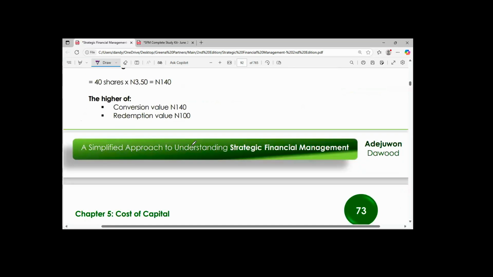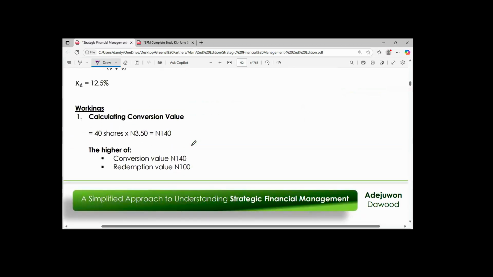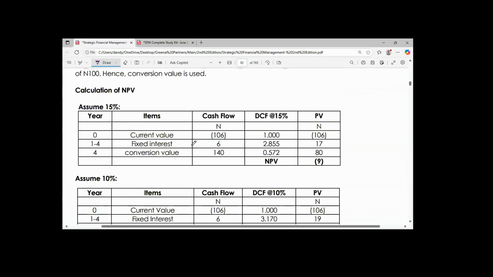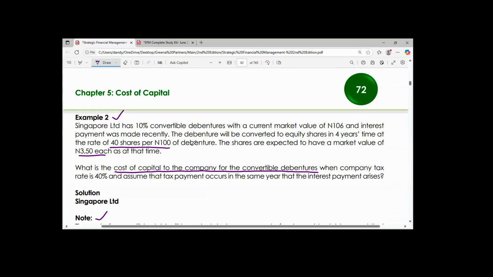So in the working, we need to calculate conversion value. According to the question, the debenture will be converted to equity shares in 4 years' time at a rate of 40 shares per 100 naira of debenture. The shares are expected to have a market value of 3 naira 50 kobo each at that time.